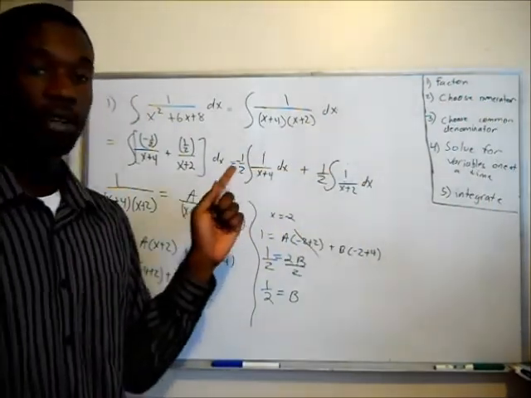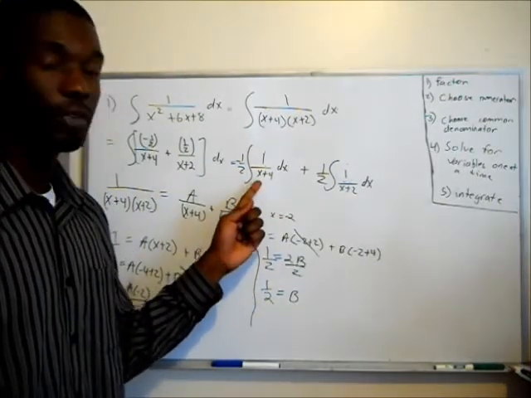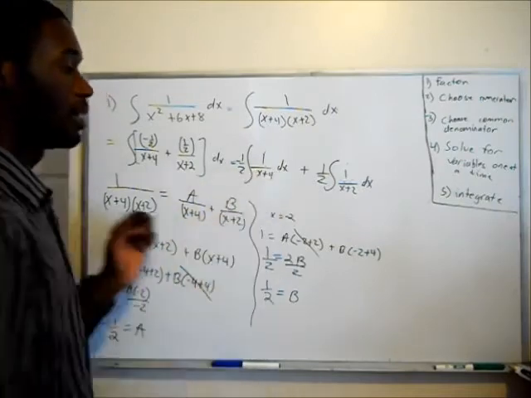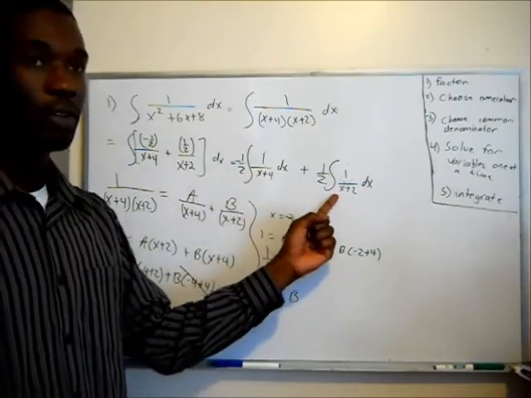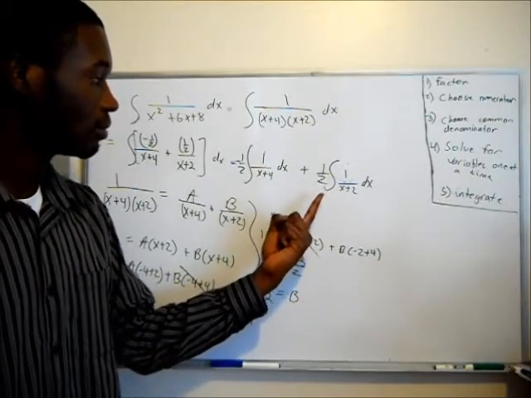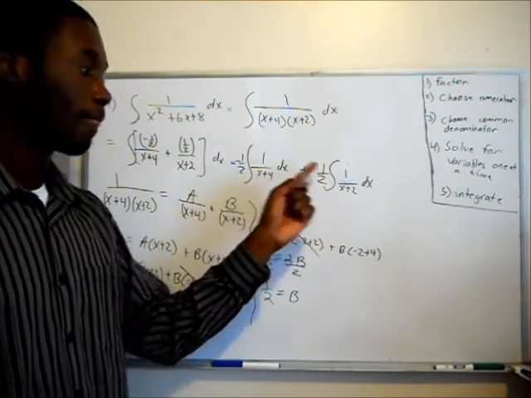Okay, so now from here, this is familiar territory, because what's the derivative of x plus 4? It's just dx. So the derivative is up top. Same thing over here. What's the derivative of x plus 2? Well, that's just dx, or you can say 1 dx. So that means this is ln, and this is ln.